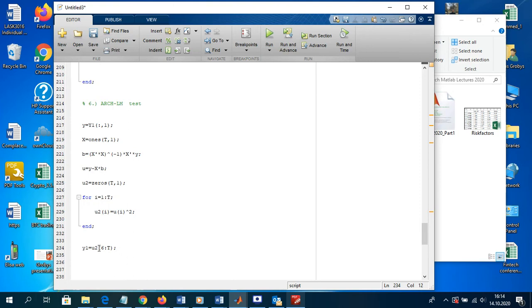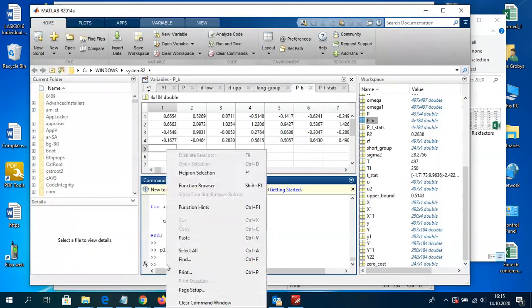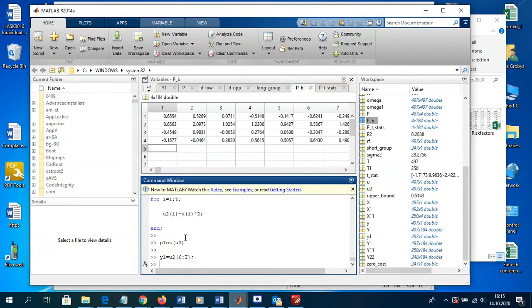So what we have here now is a 184 minus 5, a 178 by 1 vector, right? So y1 should be a 179 by 1 vector. Let's check it. Paste it, and let's check what is y1.